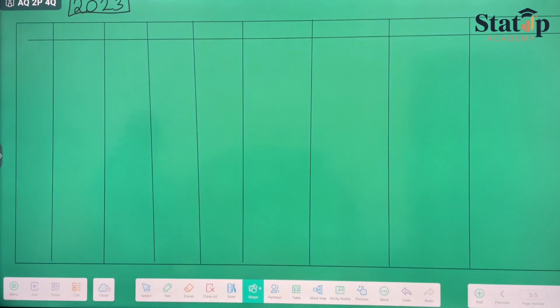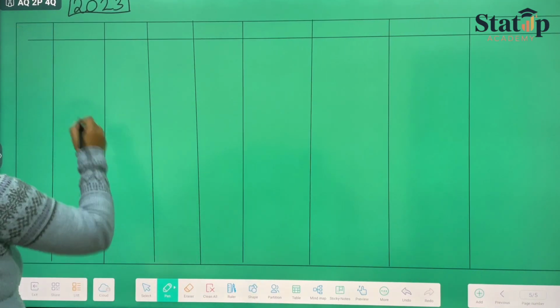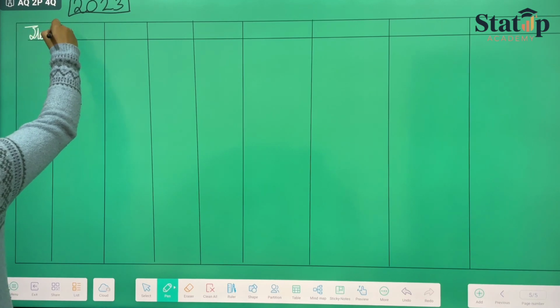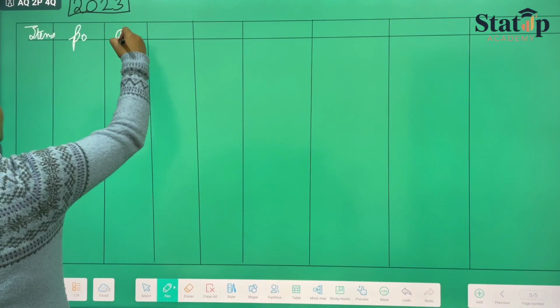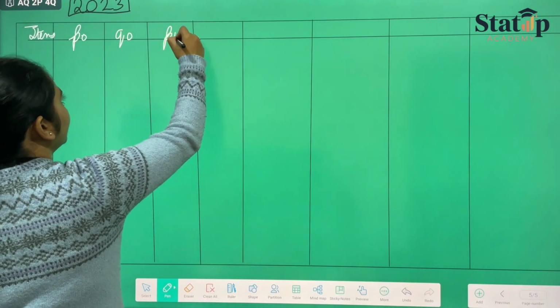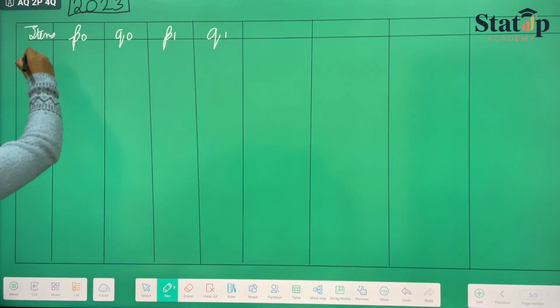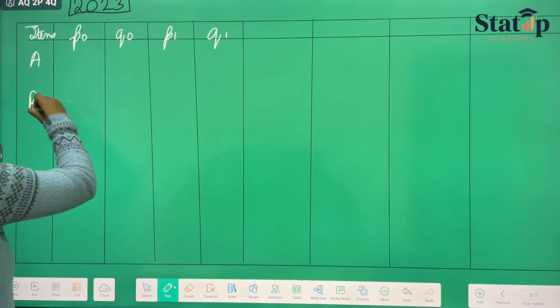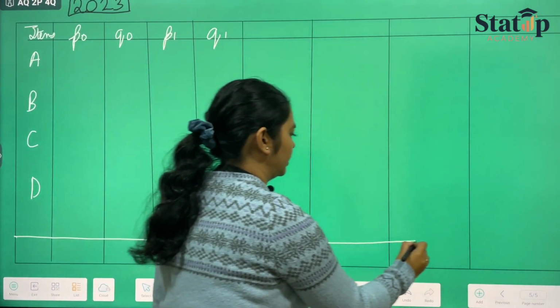So this is the table that has been given to us, in which items have been given, and for the initial year price and quantity has been given, and for the final year price and quantity has been given. So items are A, B, C, D, and let us take this as the total line.